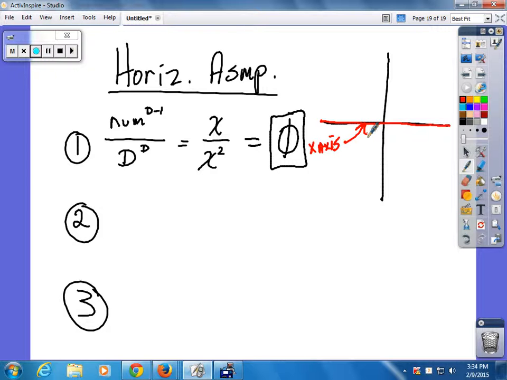Now, what about when the degree of the numerator is the same as the degree of the denominator? When the degree of the numerator and the degree of the denominator is the same, meaning d and d, in other words, 2x squared over x squared, then you go with the coefficients.